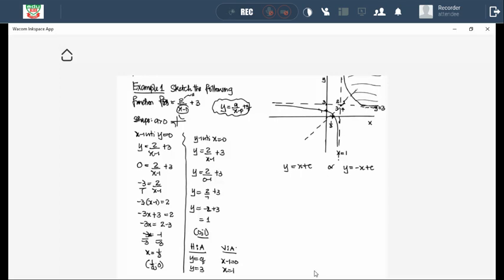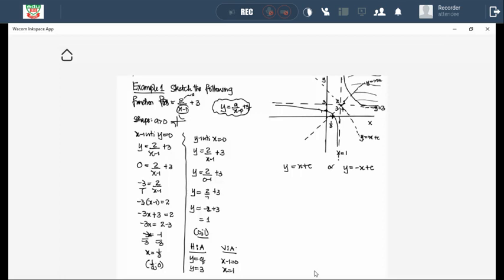This is y equals x plus c. Now the other one goes like this, but it also passes through the point of intersection of your asymptotes. Label it y equals negative x plus c.